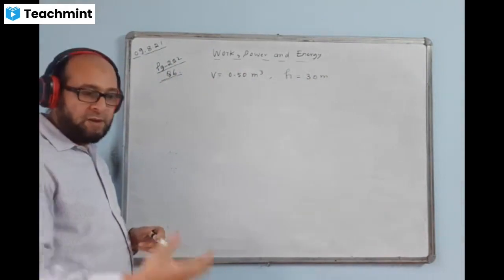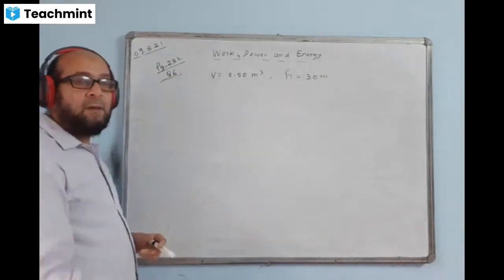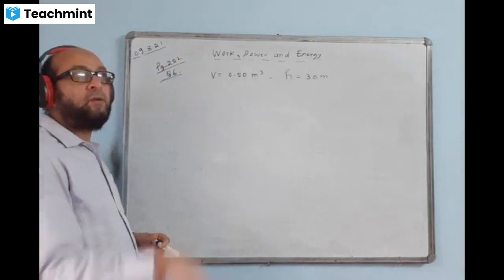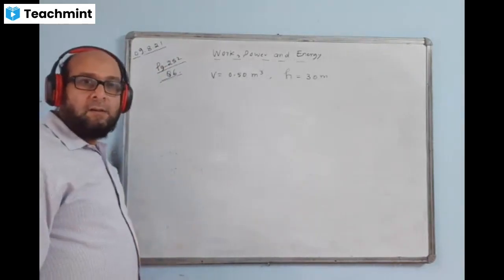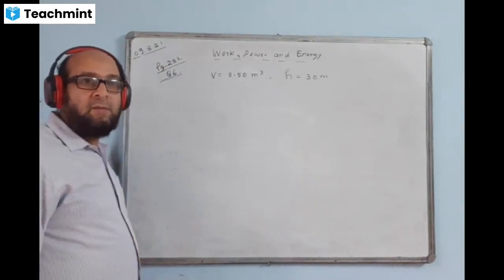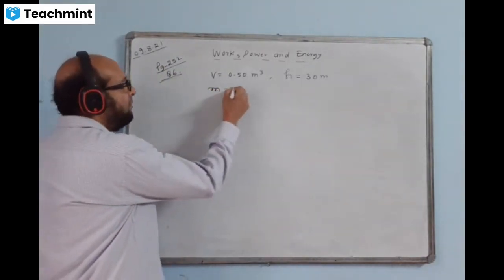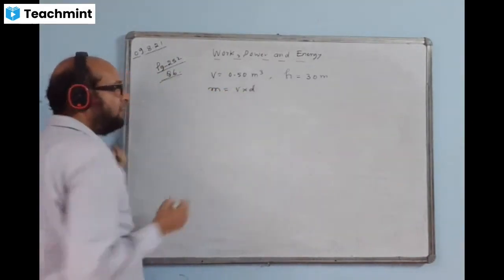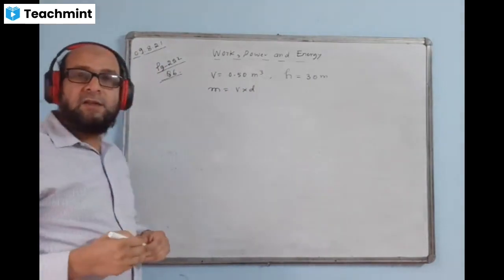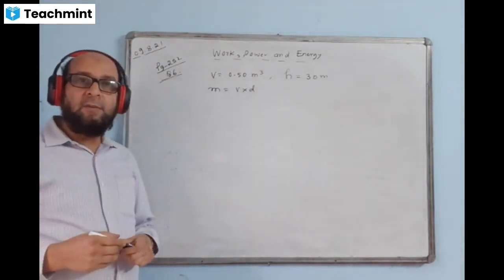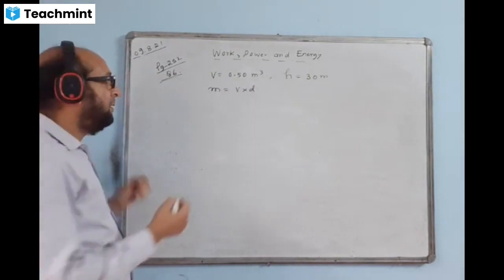Work done formula will be mgh, work done to lift a body to some height, and then we divide by time. Mass formula will be volume into density. Density is equal to mass by volume, so mass will be equal to volume into density.